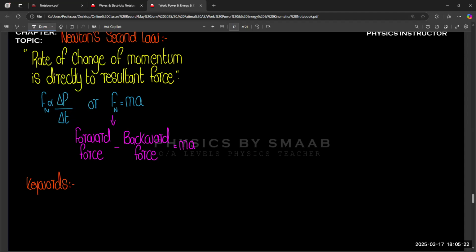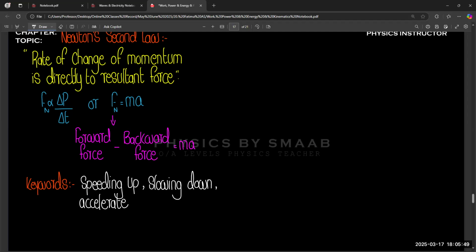So keywords are speeding up, slowing down, accelerate, decelerate.